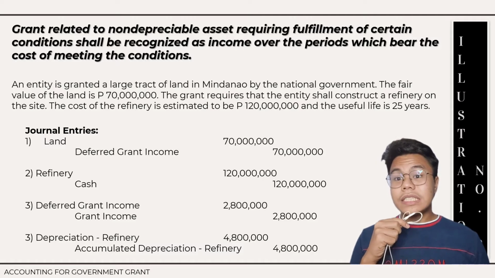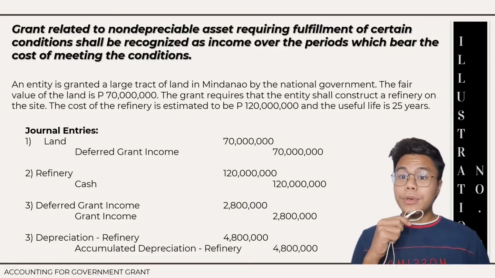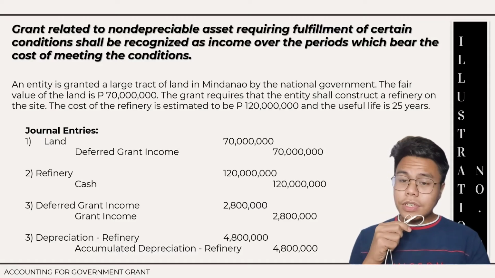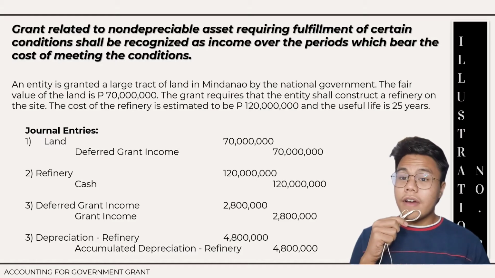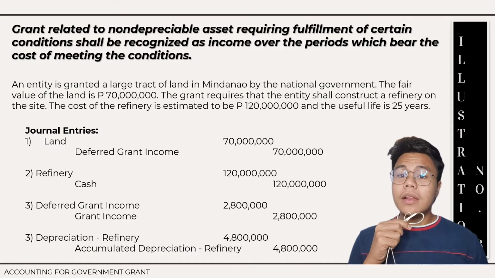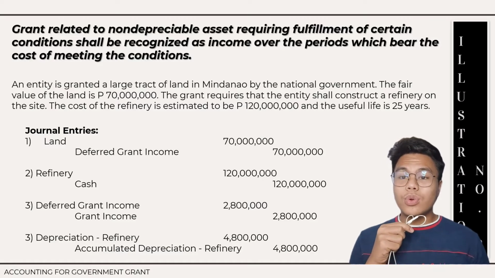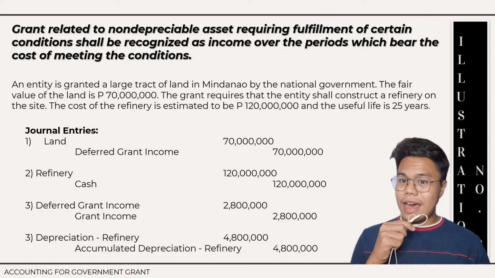And then of course, we would depreciate our refinery. These are the facilities to maintain the land itself. So refineries are depreciable, although land is not depreciable. We would depreciate the refinery by the amount of 4,800,000 pesos, which is derived from 120 million divided by the 25 years of useful life.